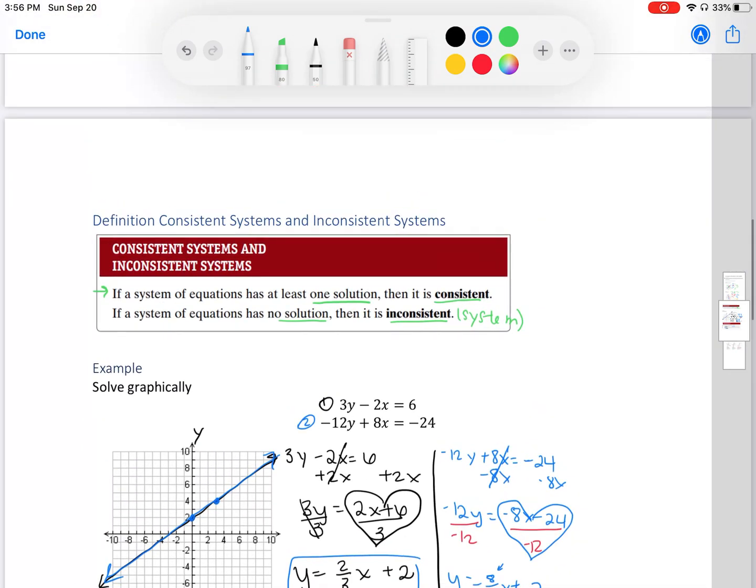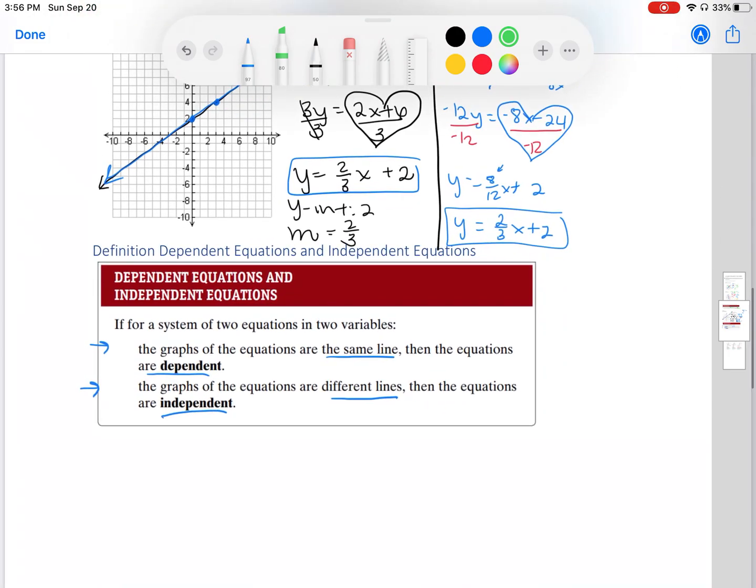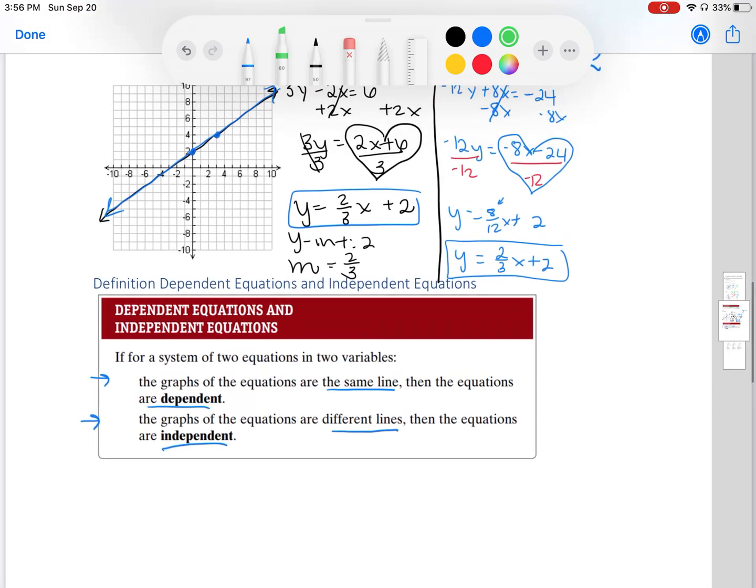So for that first example, where we had the lines overlapping, it's still considered consistent because it says at least one solution. So that's considered consistent and dependent.